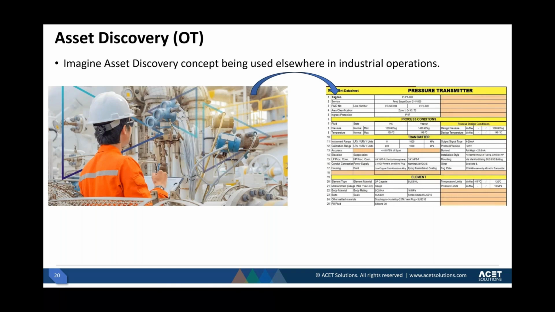So imagine that somebody goes out there, maybe manually, or there's some automation, but a person goes out there and looks at all the field instruments and collects the data of the configuration and then brings it back and updates the same documentation that we talked about before.